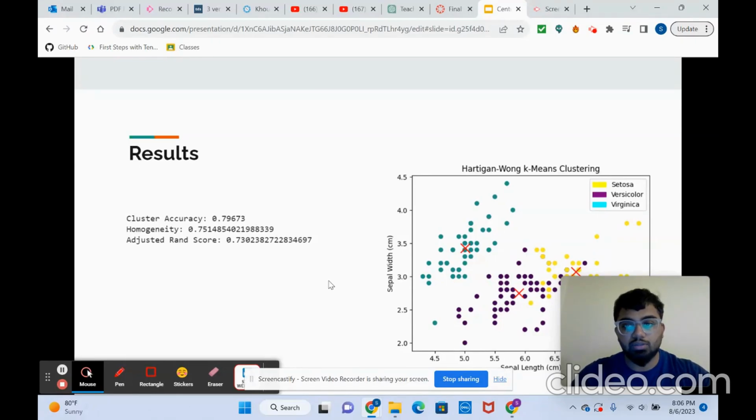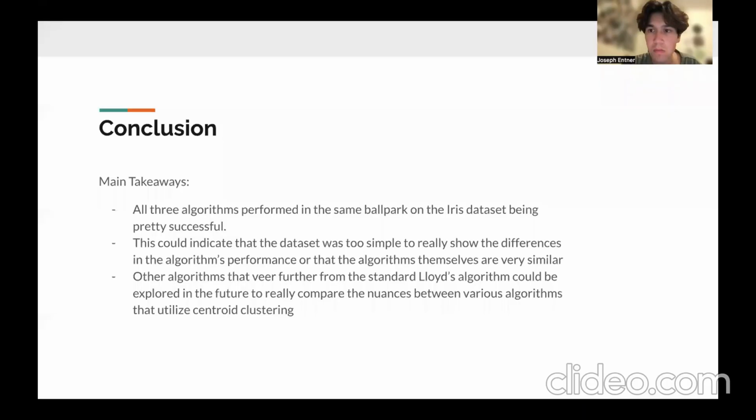Yellow is for the Setosa label of the iris dataset, purple is for versicolor, and cyan is for virginica. According to this, we can see there's pretty decent clustering, but there is some interference between the 2 clusters of yellow and purple color. Yes, that's about my part of the presentation.